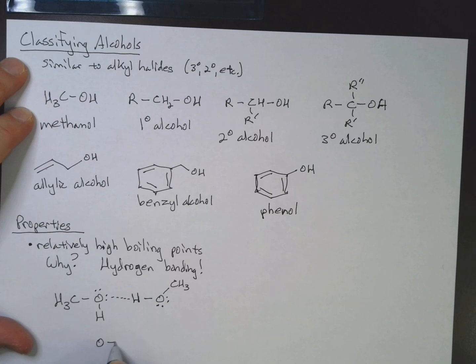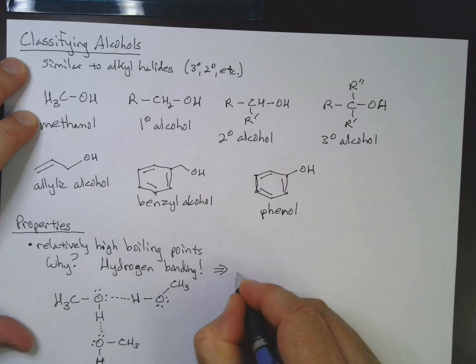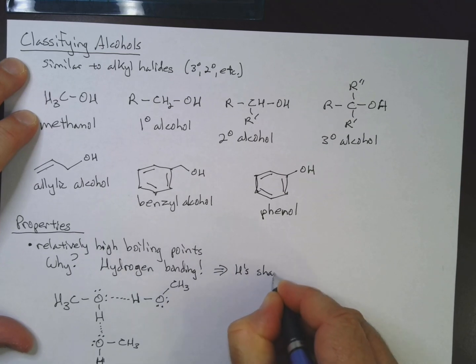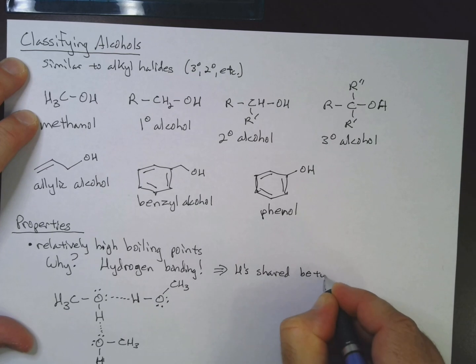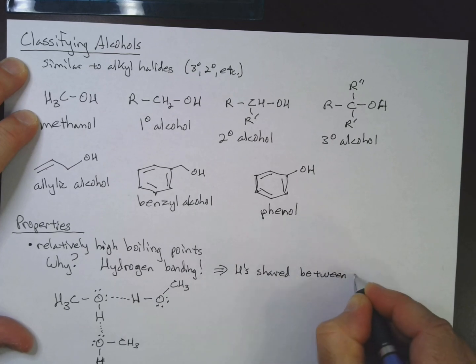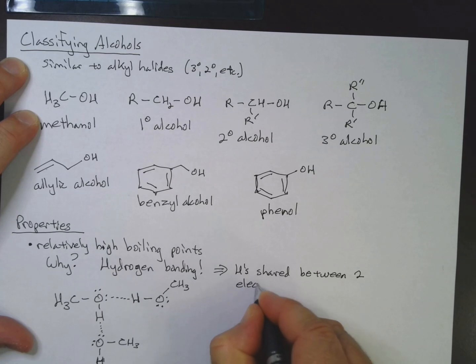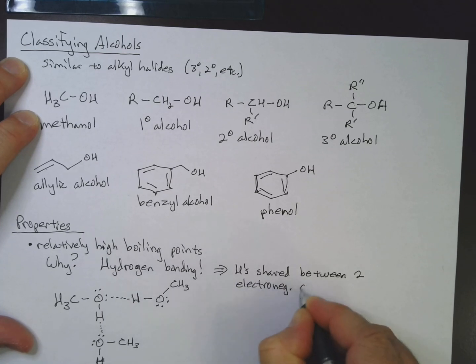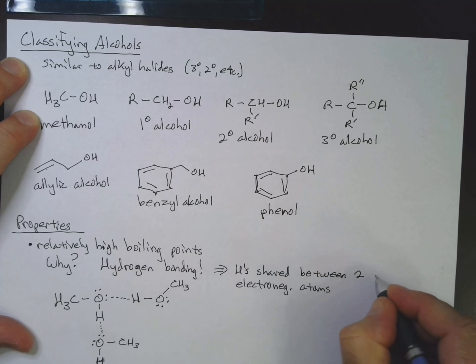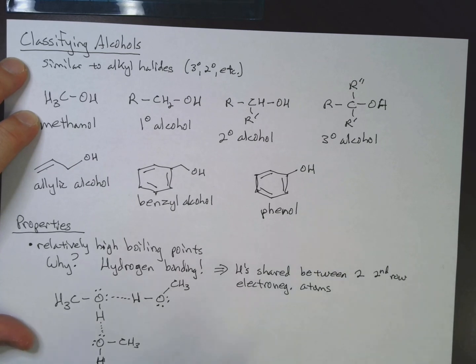And we can get a whole network of these. Okay, and so H is shared between two electronegative atoms. Second row, I should mention, so only nitrogen, oxygen, and fluorine. So O in this case.